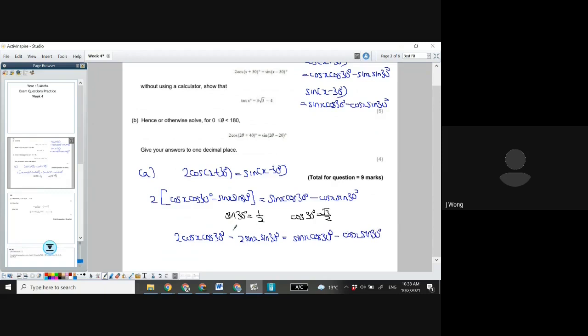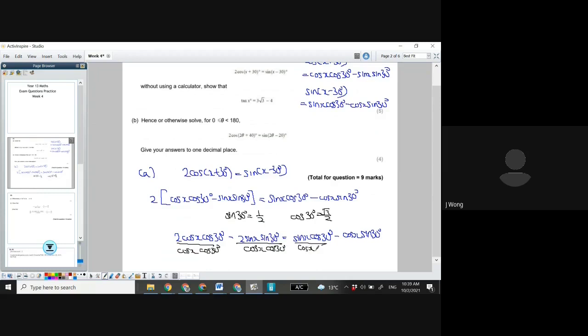Whenever you have an equation that gets up to this format, you would like to have just one ratio, tan, by dividing through by cos. Here, actually, you don't need sine 30 and cos 30 separately. You could just divide every single term by cos x cos 30.